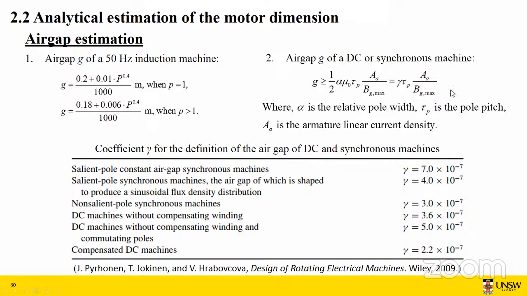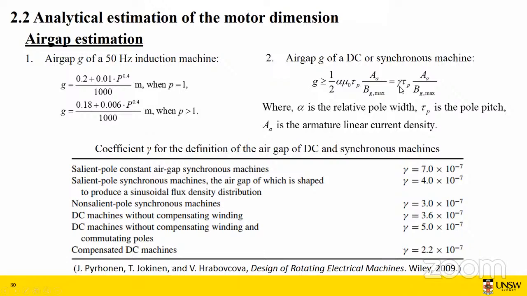But if you just want to know how to estimate it, this is an equation you can use as a handy tool. To have a functional synchronous machine, your air gap must be larger than gamma times tau times the linear current density divided by the air gap flux density.